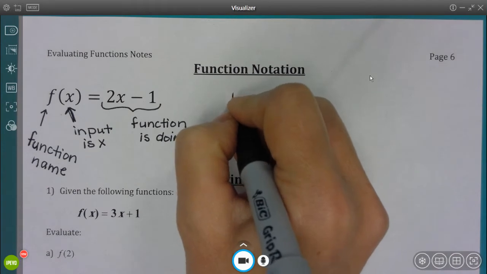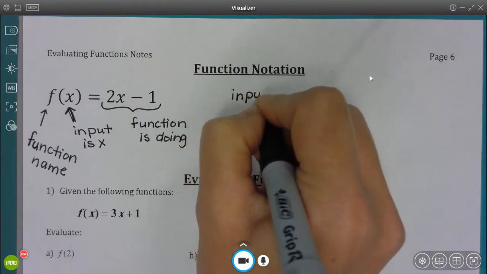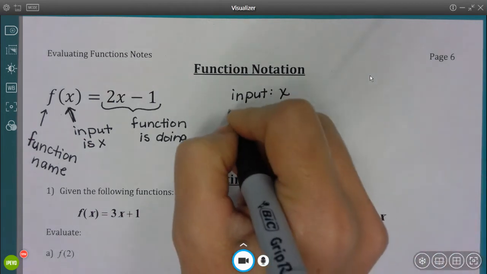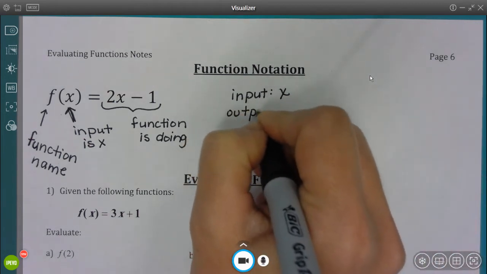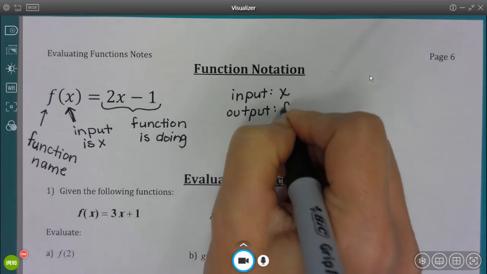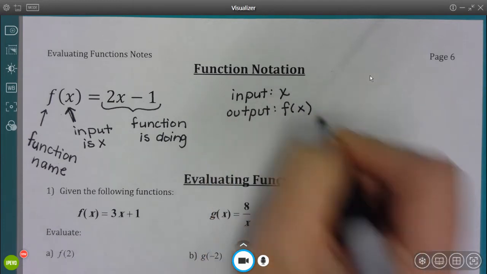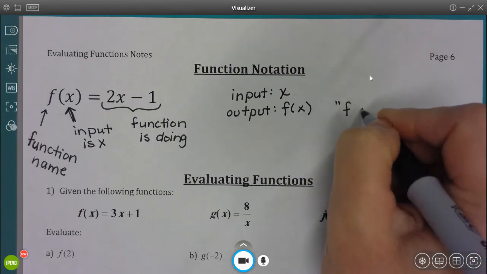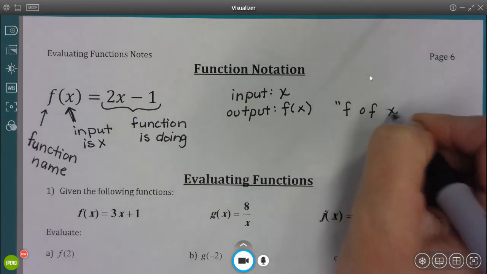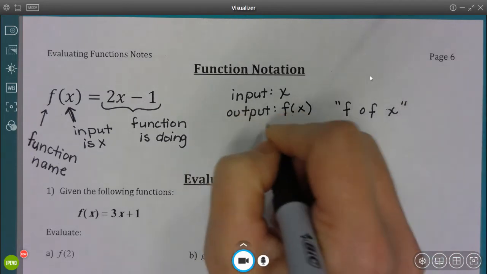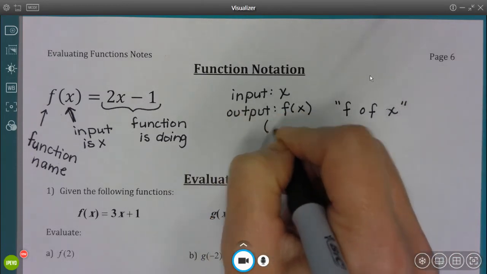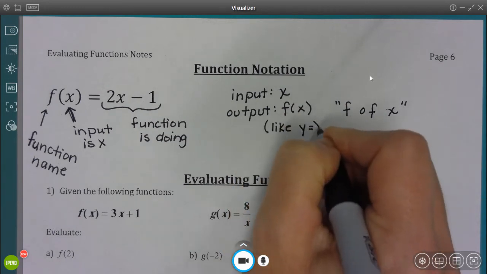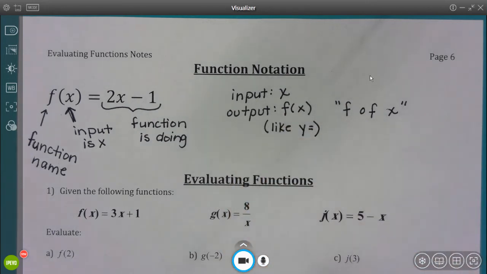So our input is X. Our output is the entire statement F of X. And I would say that F of X is just like saying Y equals. It's the same basic principle.